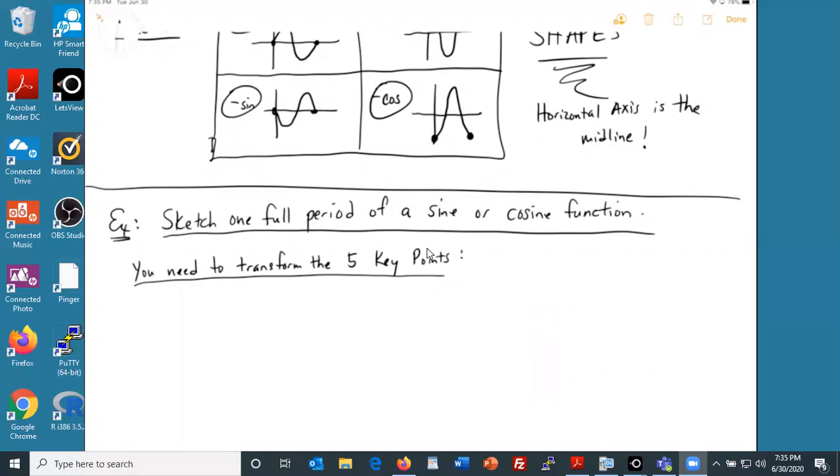Okay, and here's how you do that. So step number 1, to get the x values.